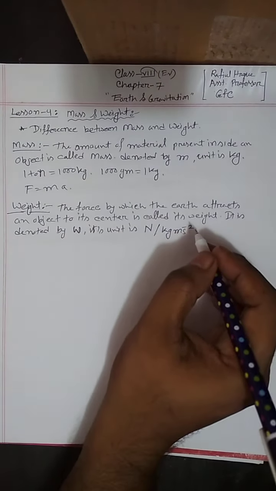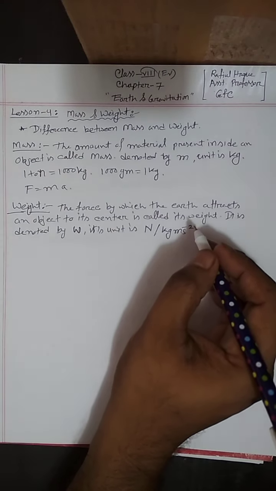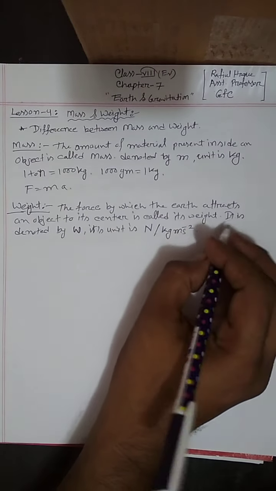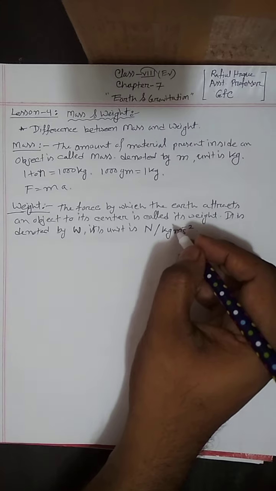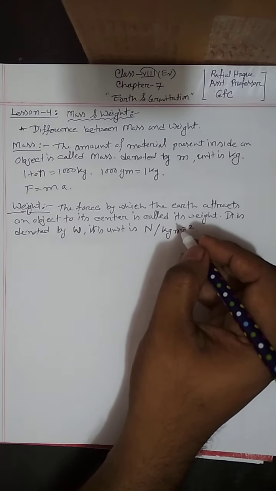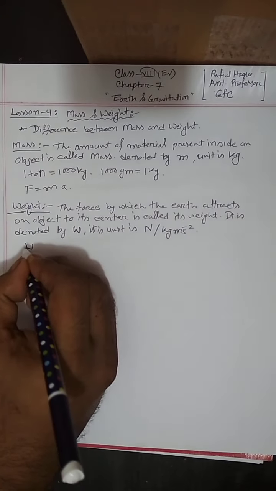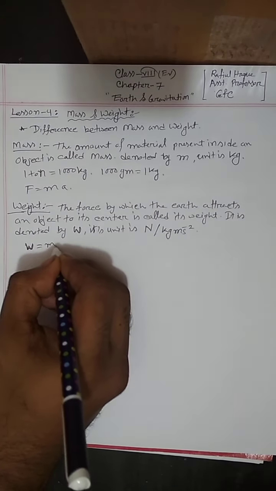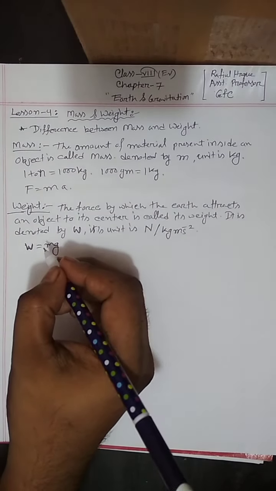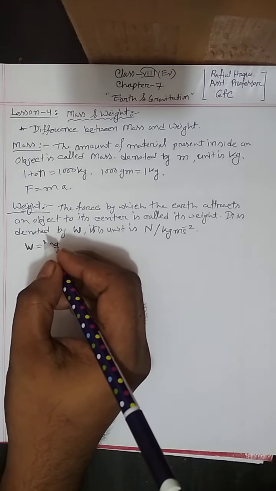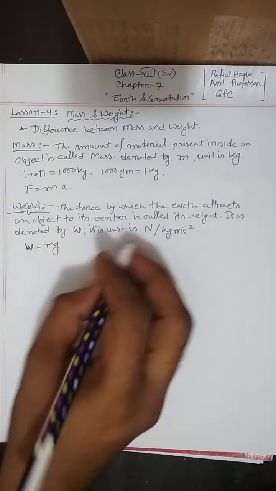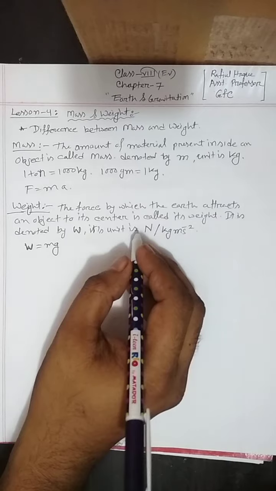Both can be its unit. Mass of an object is m and acceleration due to gravity is g. Then weight w equal to mg. Okay. The unit of weight is Newton, I have told you.